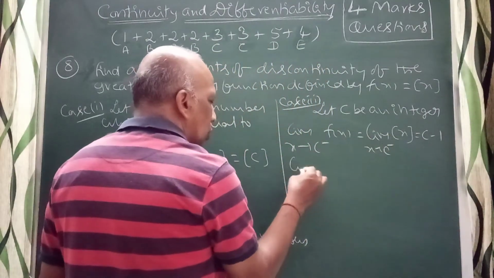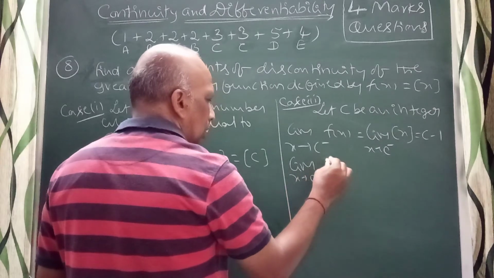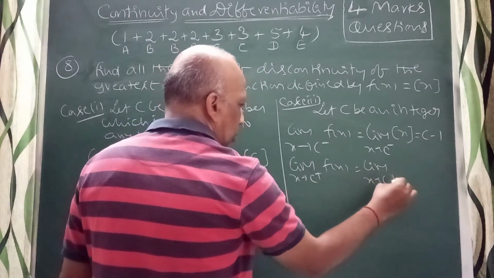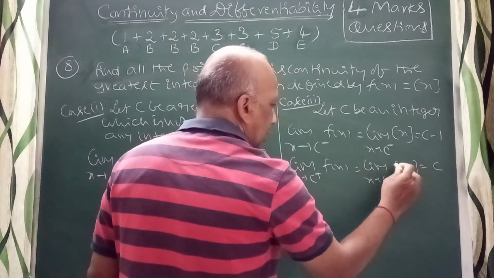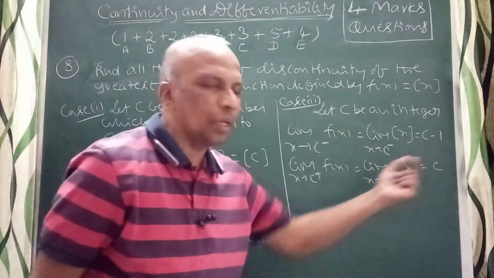If we take the right limit, x tends to C plus of f of x, the step of x for C plus, meaning more than C, will come as C only.